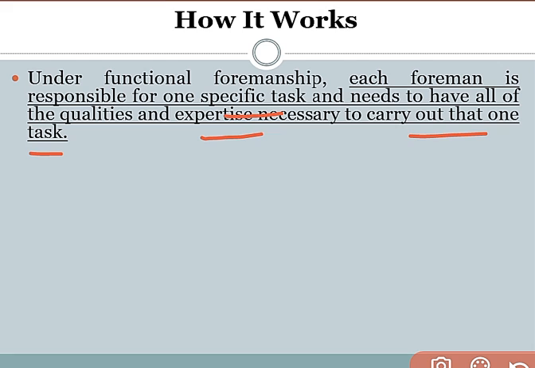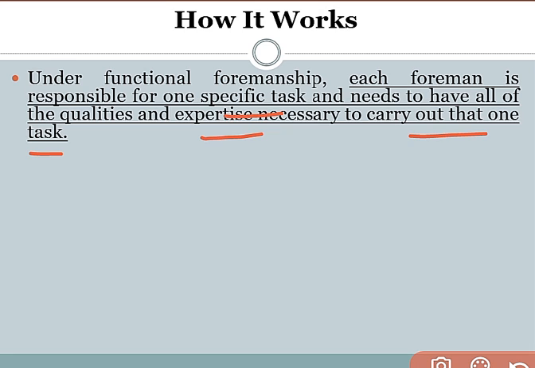So there must be a proper division of work, and there must be many supervisors, multiple foremen in the organization, who are responsible for performing in their specified field.